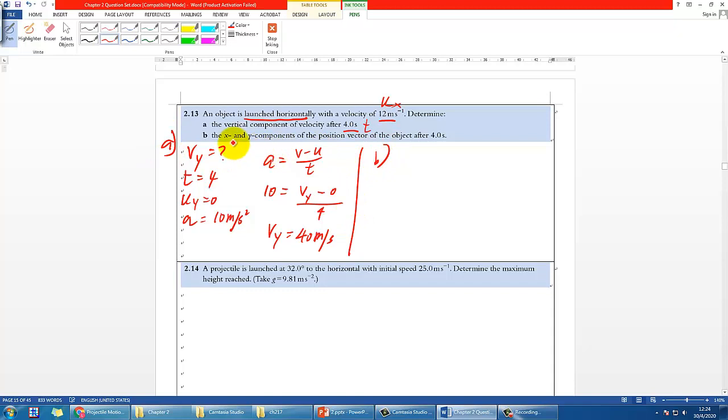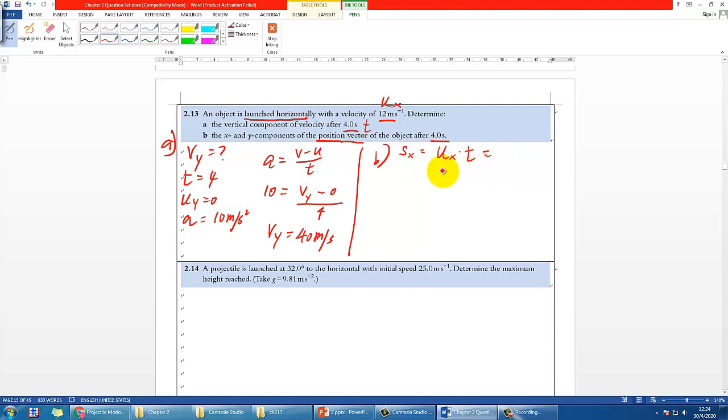Part B, x and y component of the position vector. So it's like the displacement of the object after 4 seconds. So for Sx, horizontally it will simply be Ux times T, because like the last question I said, horizontally you have no change of velocity since there's no force and no acceleration.